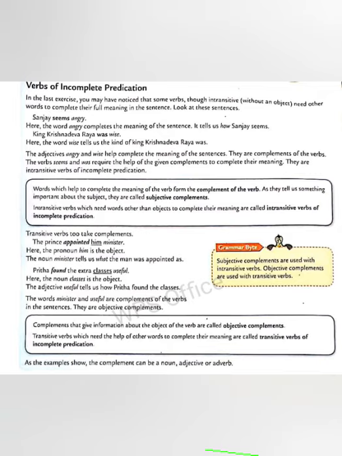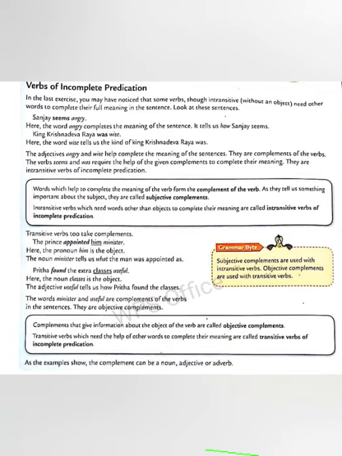For example, Sanjay seems angry. Here, seems is a complete word, but it requires another word in the sentence to make complete sense. Here the word angry completes the meaning of the sentence. It tells us how Sanjay seems.